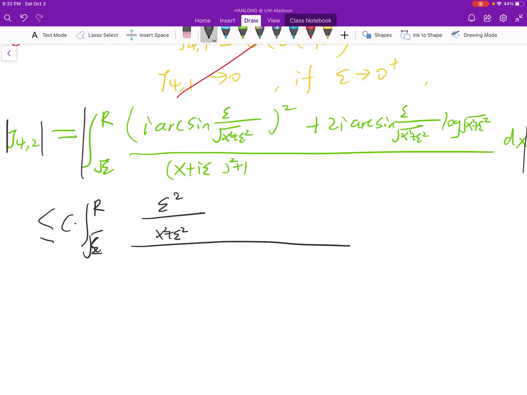And the denominator is 1 plus x squared minus epsilon squared. You just omit the imaginary part. Epsilon square root x squared plus epsilon squared log, plus epsilon squared.